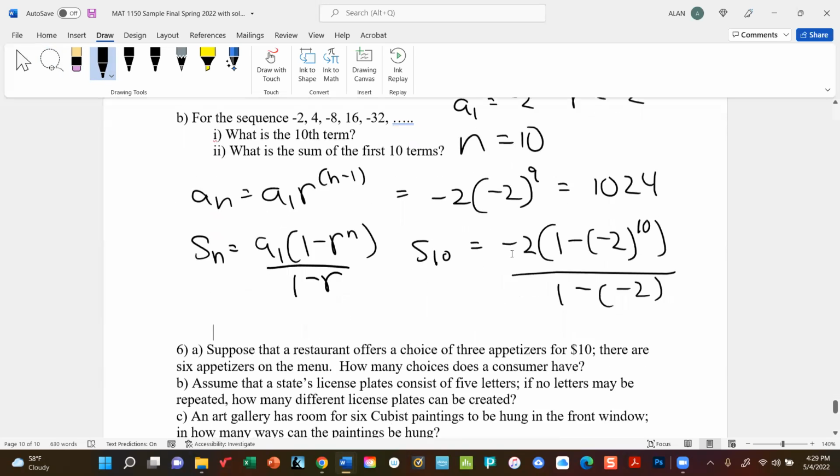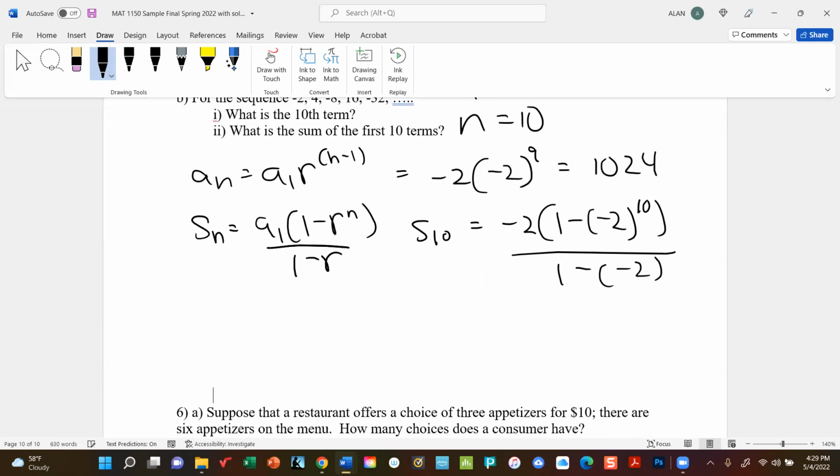Okay, so now this one's a little messy. -2 to the 10th is 1024. 1 minus a minus 2 is -3.